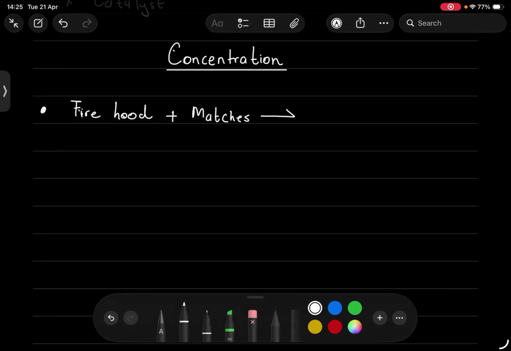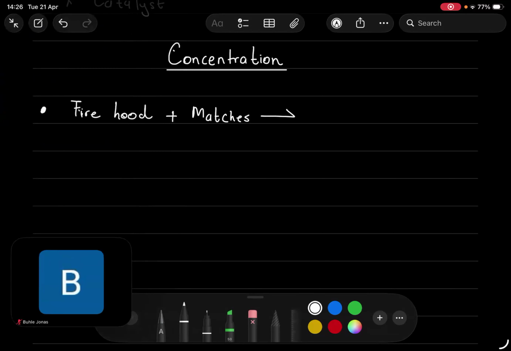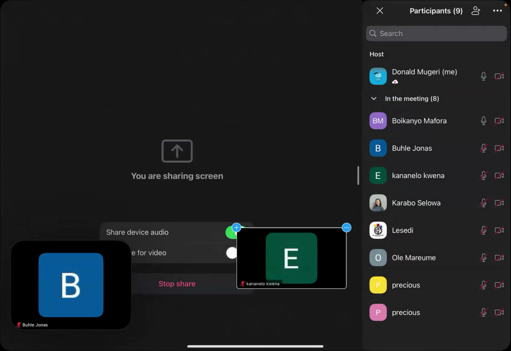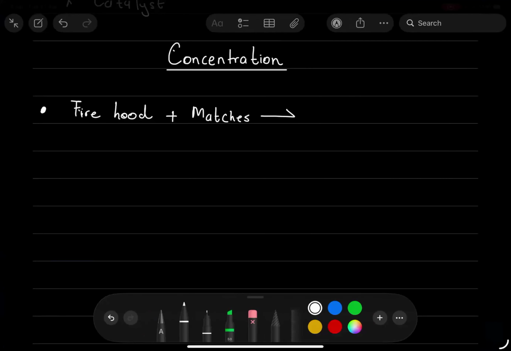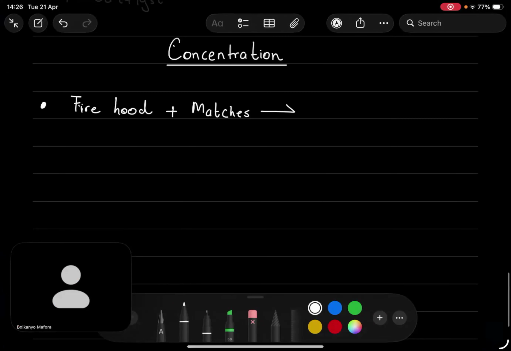What is it that is going to be produced? If you combine the two, you have firewood and matches. What is going to be produced with these two? So fire or flame? Yes, the flame is going to be produced, right?